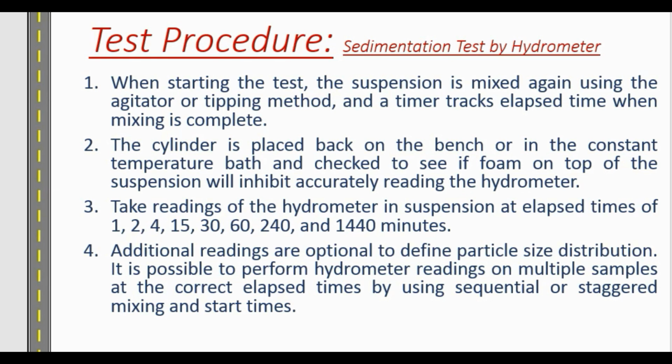Take the reading of the hydrometer in suspension in the measuring cylinder at elapsed times of 1, 2, 4, 15, 30, 60 minutes up to 24 hours, or 1440 minutes. Additional readings are optional, or up to you. If you want to take additional readings for your requirement, you can take them.